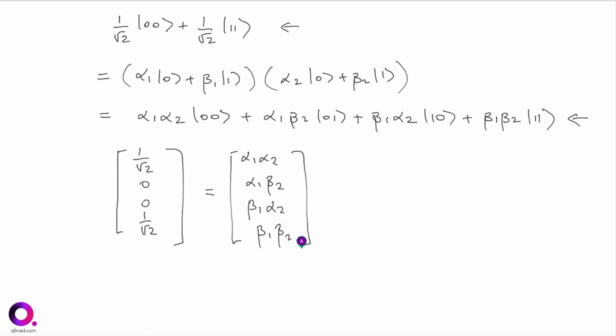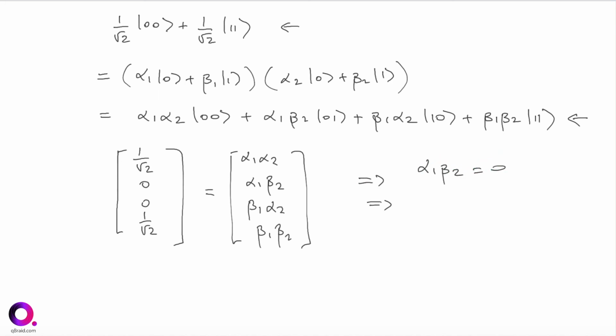And so in order for these two vectors to be the same, each entry must be equal to the corresponding entry in the other vector. And it's quite easy to see that it's not possible for all four of these constraints to be satisfied. In particular, if we look at the second entry, we deduce that alpha 1 beta 2 is equal to 0.